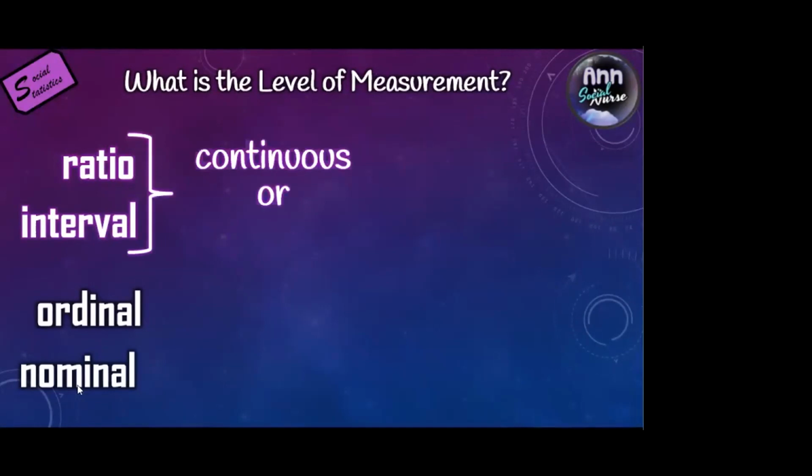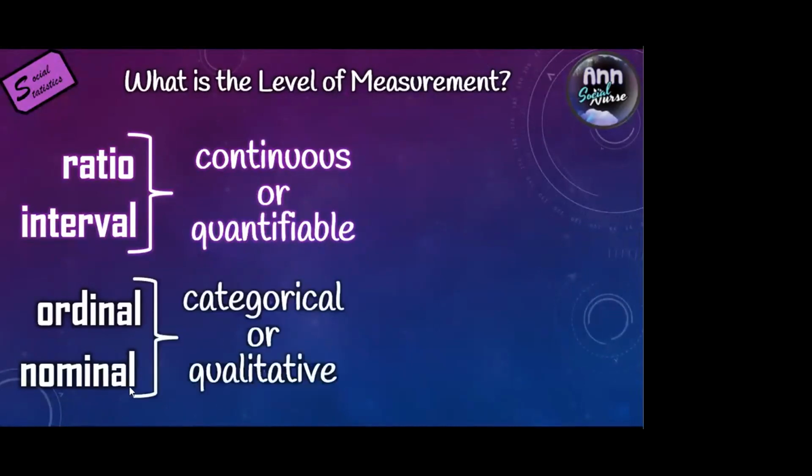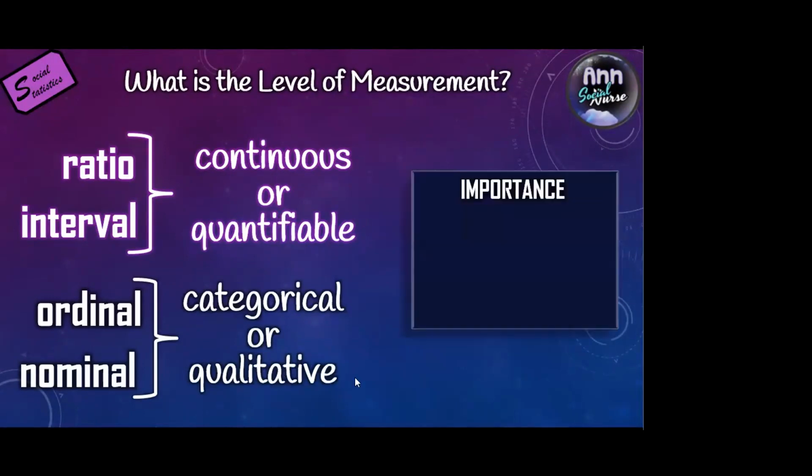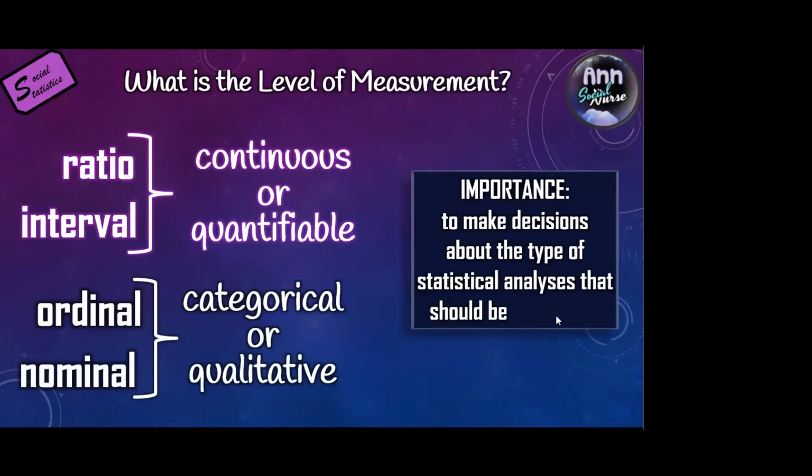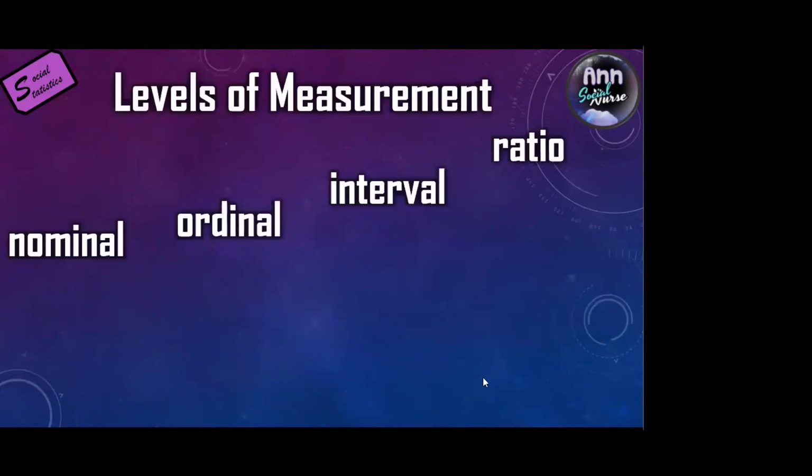So ratio and interval are continuous variables. You remember continuous variables? They are quantifiable. Ordinal and nominal are categorical or more on qualitative variables. The importance in knowing this is to make decisions about the type of statistical analysis that should be performed in your study, as arranged according to power, according to level.